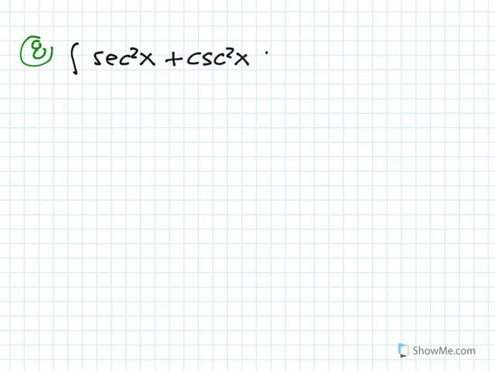All right, let's look at question number 8. Here we have integral secant squared x plus cosecant squared x plus sec x tan x dx. Let's split up the integrals.